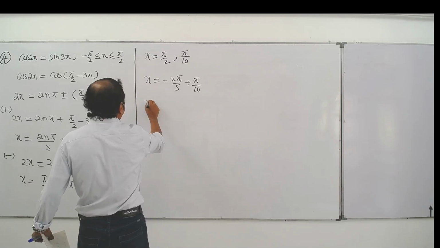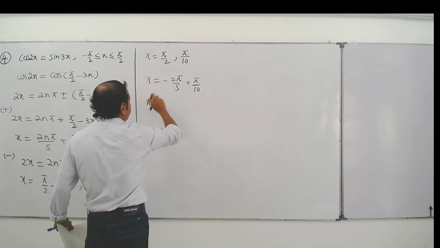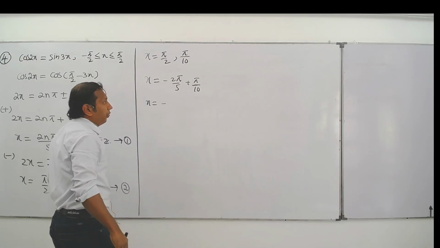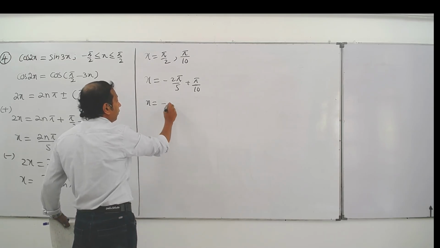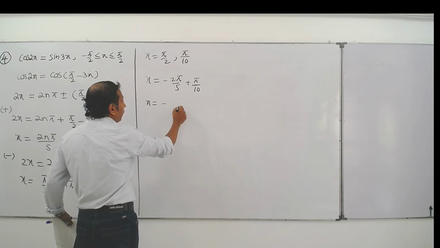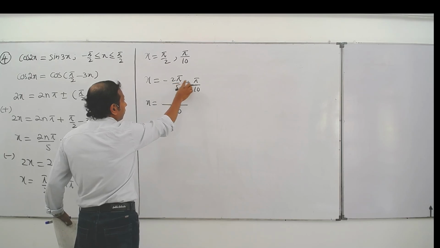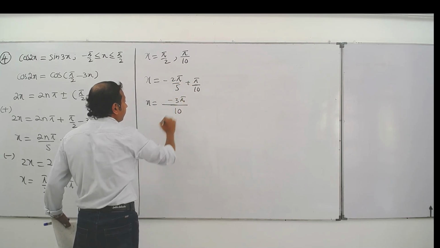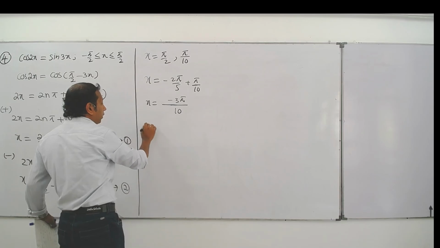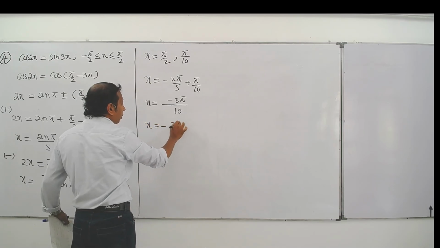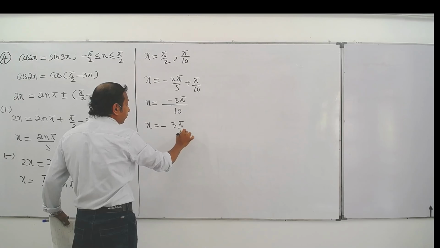When you simplify this, take the common denominator as 10: minus 4 pi plus pi, minus 3 pi. Then here we get minus 3 pi by 10.